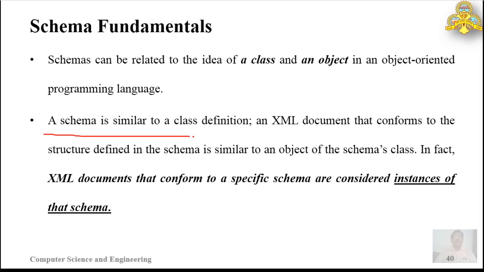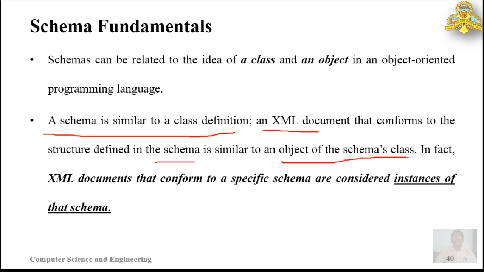So a schema is similar to a class definition, and an XML document that conforms to the structure defined in the schema is similar to an object of the schema's class. So we have done class type of programming in the Java language. There we define a Java class and we create objects of that class.